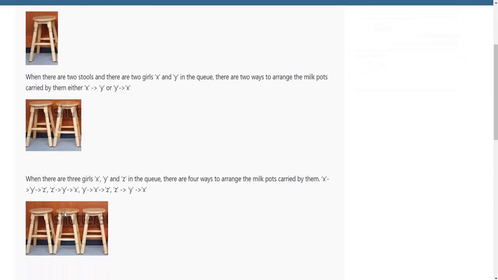For example, if we have three stools x, y, and z, and we have placed the first milk pot on the second stool, y, then we can put the second milk pot either on the x stool if it is empty, or on the z stool if it is empty. This means we can only put milk pots on those stools which are empty and adjacent to a non-empty stool.